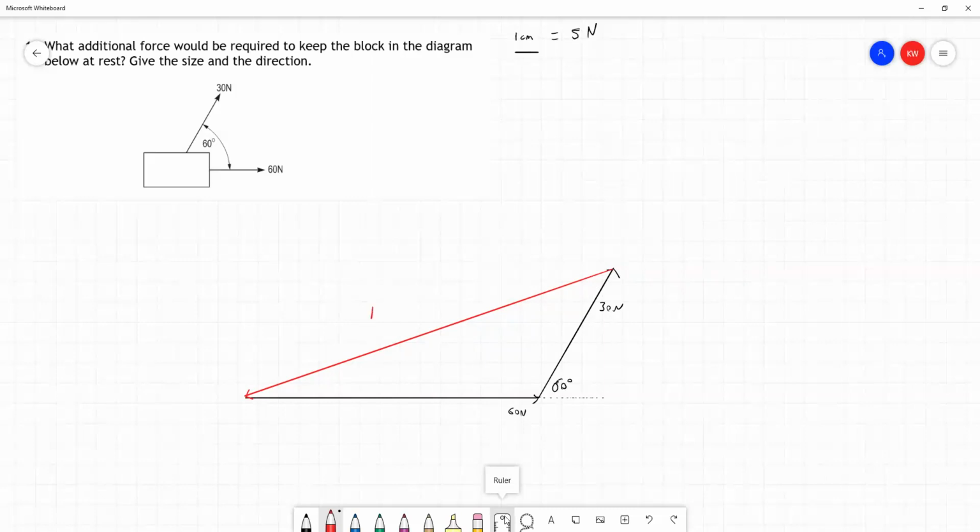But say this is 15.8 centimetres, which I think is roughly what it is. Well, 15.8 centimetres is equal to 15.8 times 5, which is 79 newtons. Now, this feels about right. We know the line looks longer than the 60 Newton line, so that seems pretty accurate.